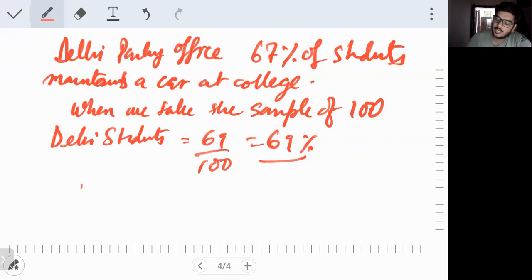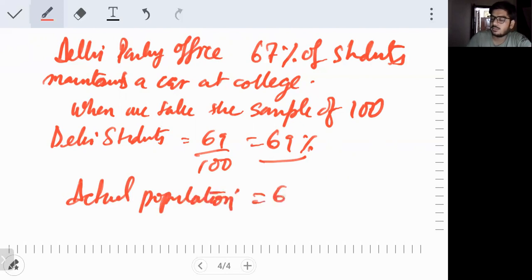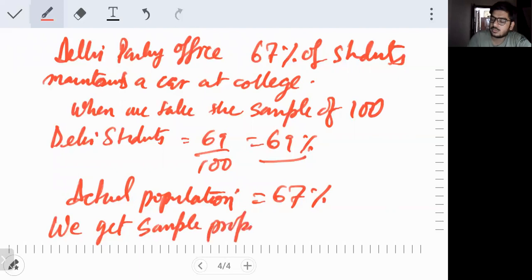So how come the population is claimed to be 67%, and we get a sample proportion of 69%?